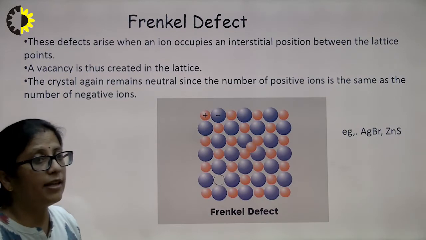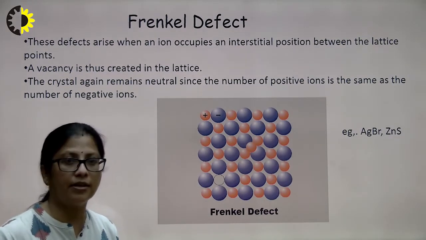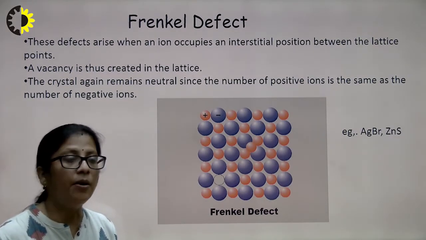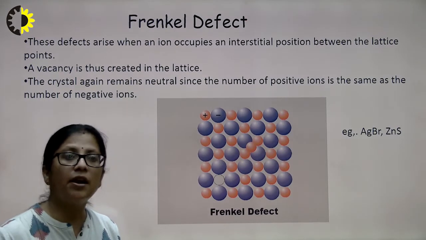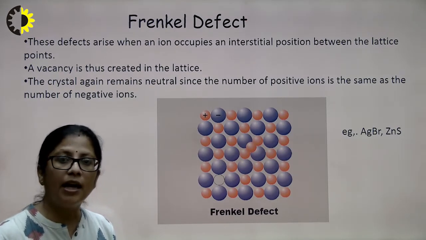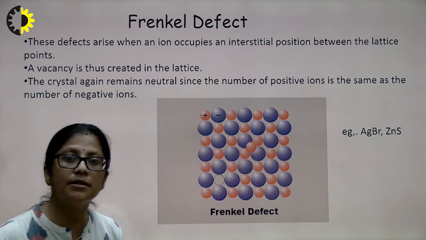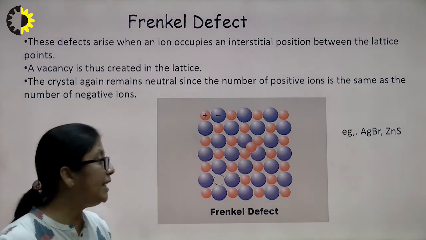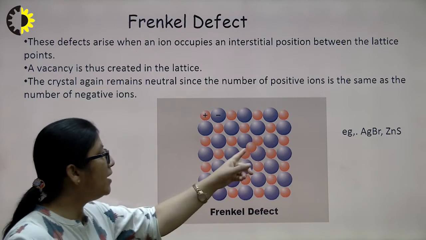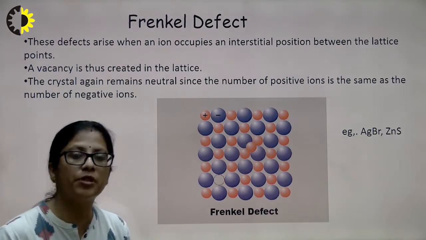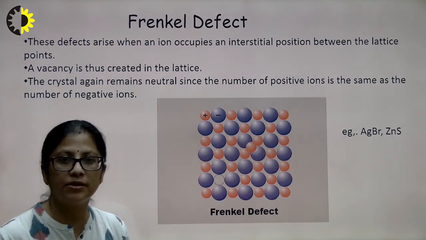Next defect, it is the Frenkel defect. Now, this Frenkel defect arises when an ion, generally the smaller cation, leaves its original position and occupies an interstitial position between the lattice points.